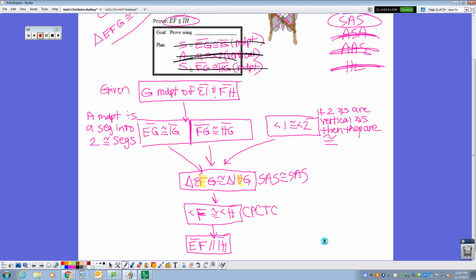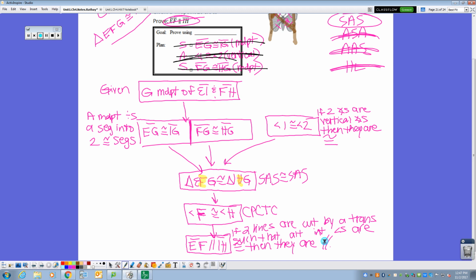And my reason is, if two lines are cut by a transversal such that alternate interior angles are congruent, then they are parallel. And that's what I was asked to prove, so I'm done.